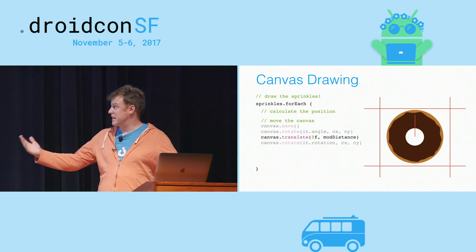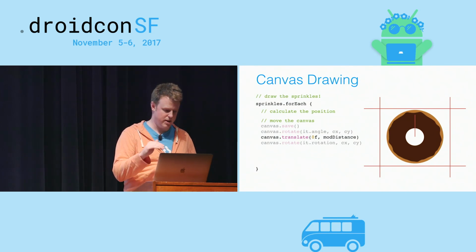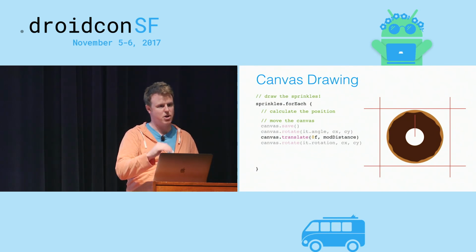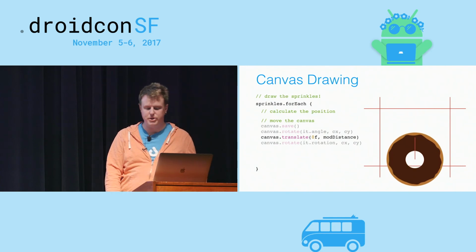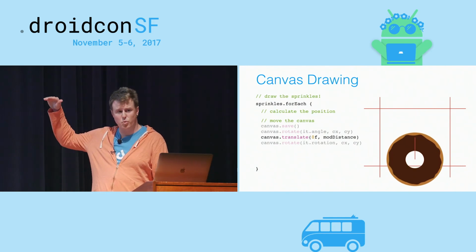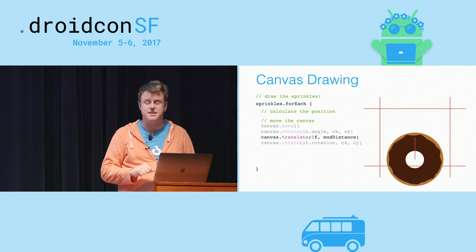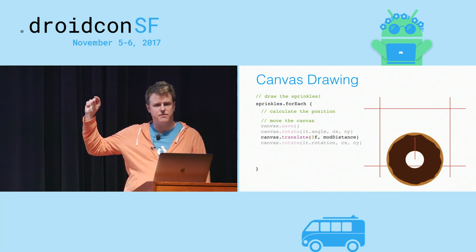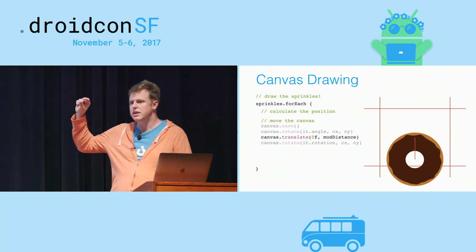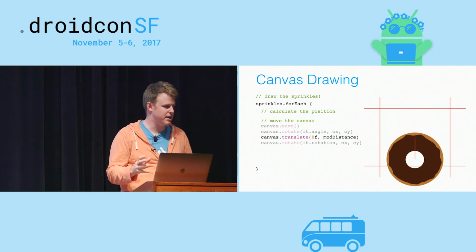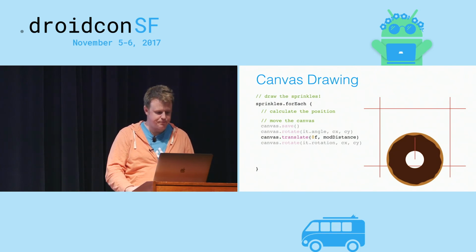That way, translation becomes really easy. We calculated our distance from the center before. All we need to do is translate along the y-axis that distance, and that centers the final position of the sprinkle in the center of the screen. You'll see why that's important in a few minutes.